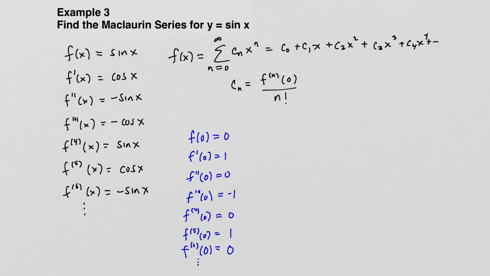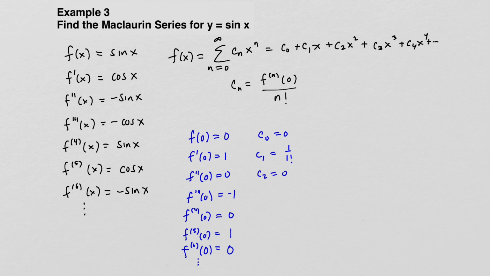Well, first, let's go ahead and state our constants. C0 is going to be 0 because C0 is the function f of 0 divided by 0 factorial. So if you want, I could put divided by 0 factorial, but this is still equal to 0. So C naught is 0. C1 is going to be the first derivative evaluated at 0, which is 1, divided by 1 factorial.